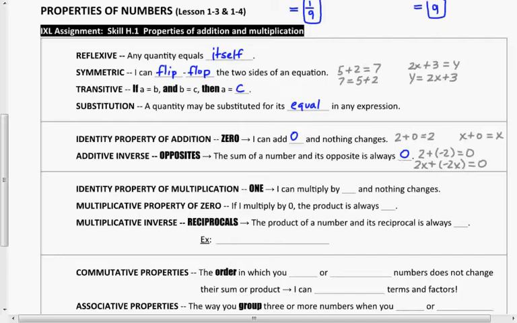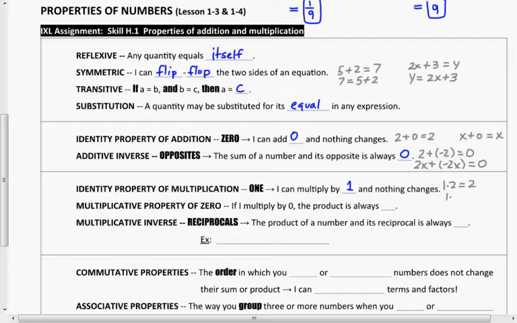All right, the identity property for multiplication is 1. One is the multiplicative identity. You can multiply by 1 and nothing changes. So, examples here. 1 times 2 is still 2.